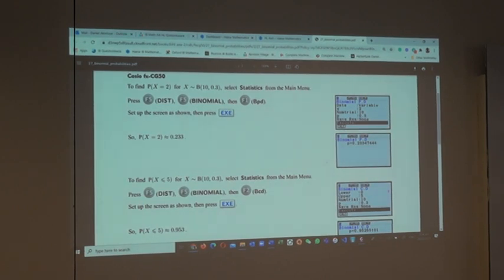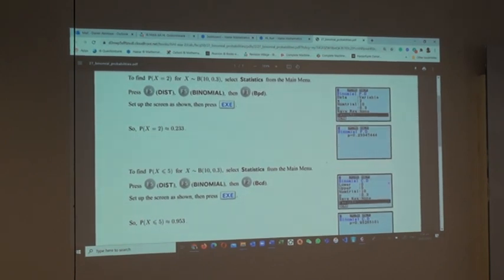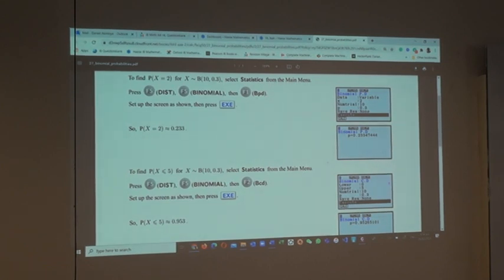In the case of that, of course, you can actually use the second instruction. So you can see the difference.